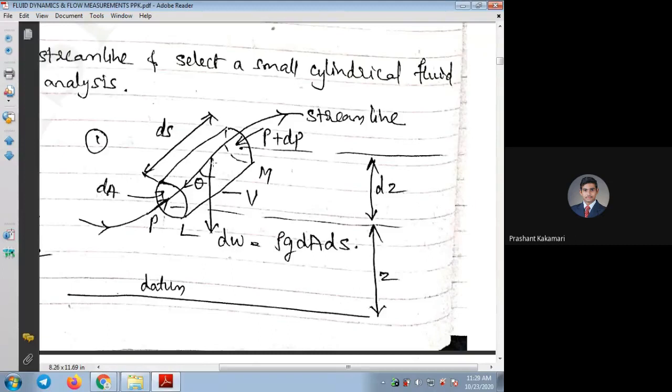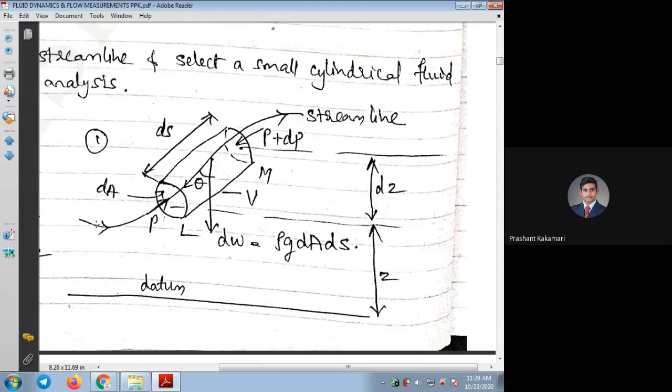If the fluid is flowing in the vertical direction, then the weight will be rho g dA ds. If it is flowing in directions other than vertical, then we need to consider some cos, sine or tan, depending on the given conditions. Is that clear?